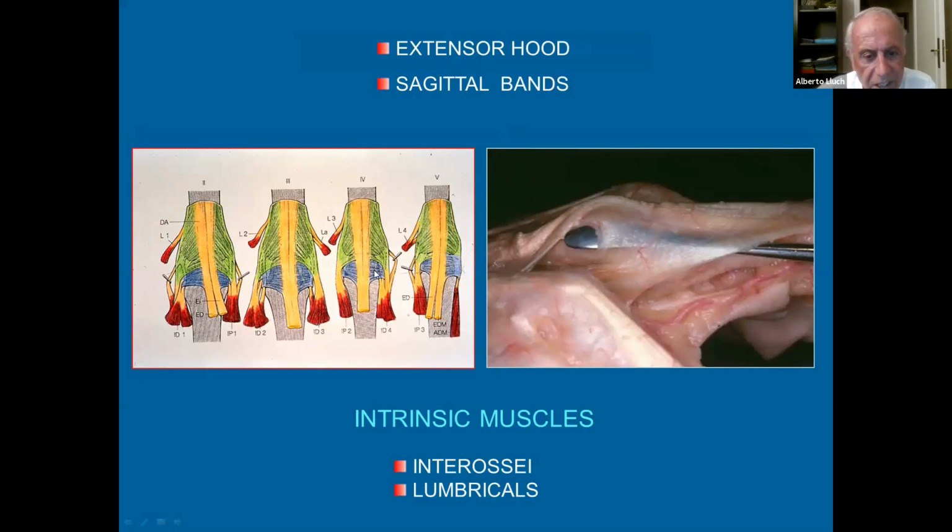Usually, the sagittal band, which I painted here in blue, is a little bit deeper, and the extensor hood goes a little bit over, but they interconnect together. Here I put a probe in the extensor hood. This is distal, and this is proximal, and this is the sagittal band holding the extensor tendon on top of the metacarpal head, and this is the extensor hood.